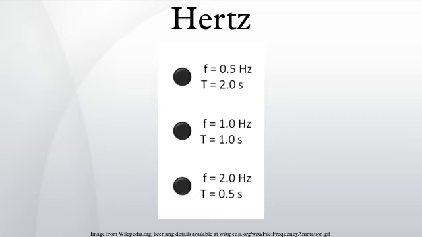Light is electromagnetic radiation that is even higher in frequency, and has frequencies in the range of tens to thousands of terahertz. Electromagnetic radiation with frequencies in the low terahertz range is often called terahertz radiation. Even higher frequencies exist, such as that of gamma rays, which can be measured in exahertz.